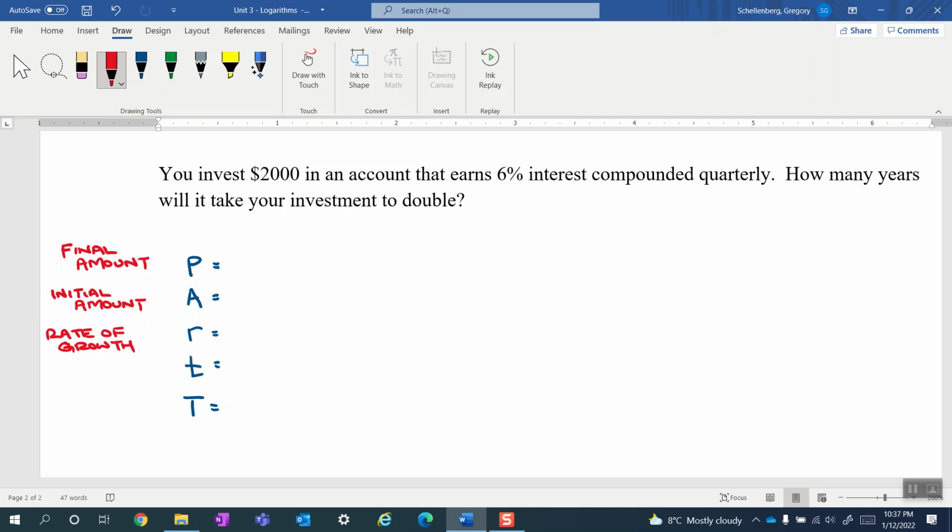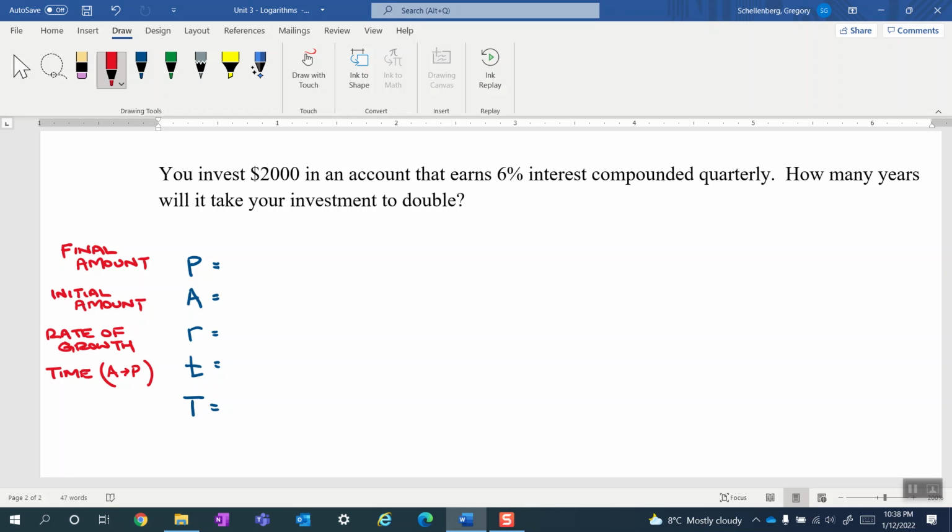Okay, little t and big T. Little t is the passage of time. It's the amount of time that it has taken to get from the initial amount to the final amount, from A to P. And then big T is our time period of one rate of growth.